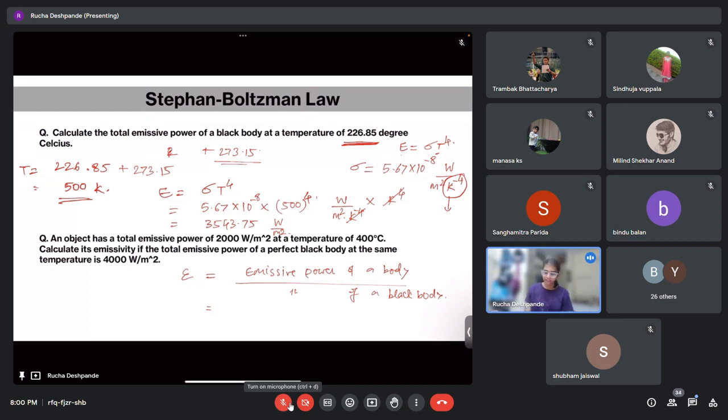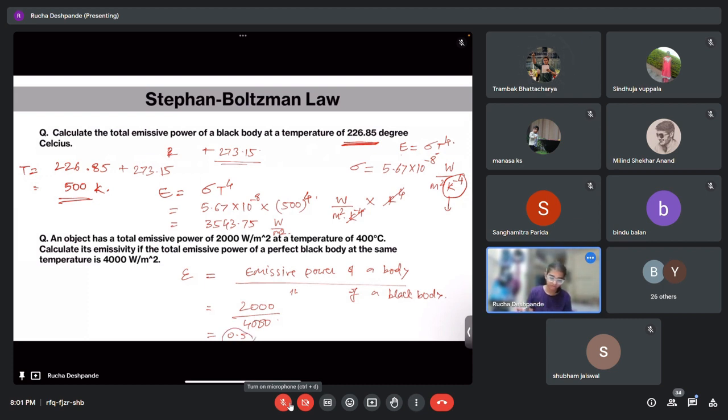Are you able to get it? It is directly 2000 by 4000. That temperature information is unnecessary over here. I think you people got confused because of that. So it's just 2000 over 4000. So it will emit at half the rate as that of the black body.